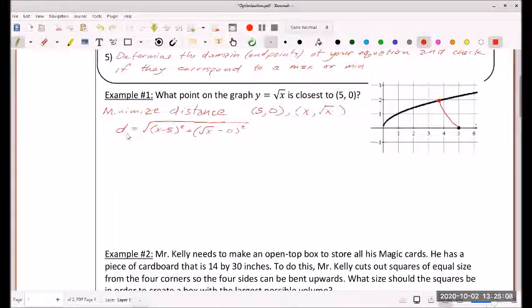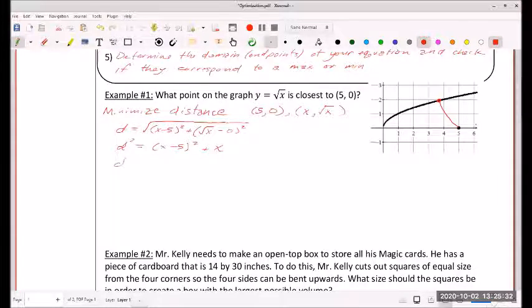Now, it's equivalent to go ahead and square this and get rid of that square root: x minus 5 squared plus, in this case, the square root of x squared is just x. And if we minimize d squared, we'll also minimize d. The advantage of minimizing d squared is that we don't have the square root to deal with. So let me rename that.